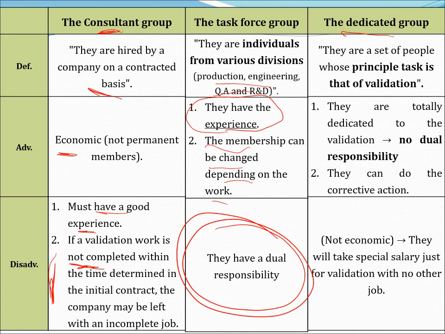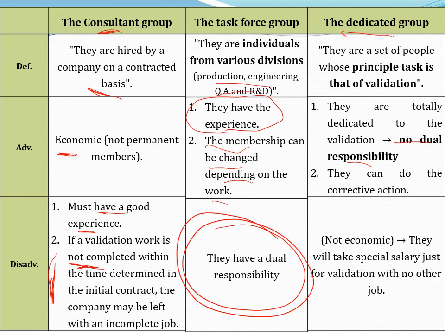And there is no dual responsibility now, because now I'm not coming from any department. If I go to the production department or engineering or QA or R&D, I'll tell frankly, without hiding anything, that here there is a problem, this machine is not working well, these people are not qualified, and so on.